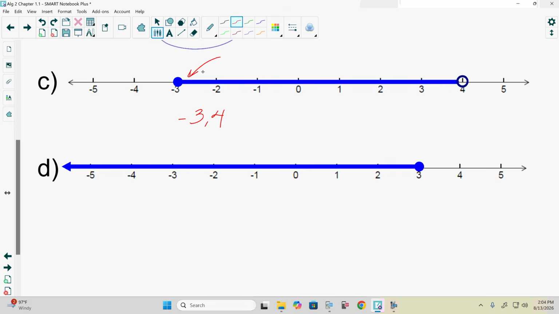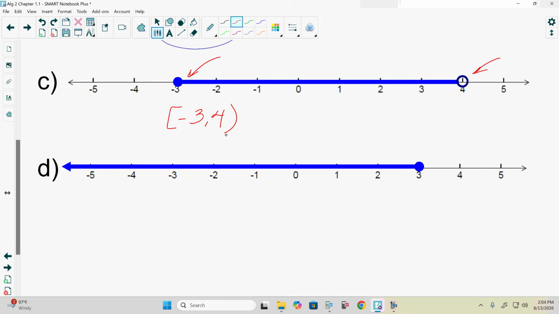Since it is, we would put a bracket. Then we would look at the 4 and see if it's filled in or not. It's not, so we would put a parentheses. So the interval would be bracket -3, comma 4. Questions on this here? We ready for the next one?